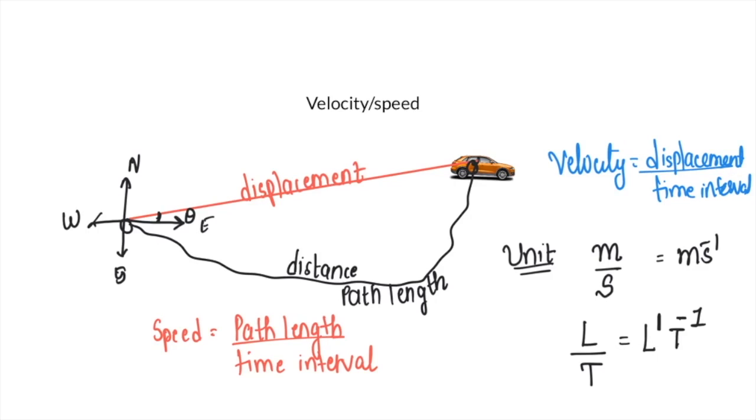It means that if you move at theta degrees with respect to east by, say, 500 kilometers, then you will reach this destination. That means it is fixed, depending on a distance and a direction. Hence velocity is a vector quantity and speed is a scalar quantity, and their dimensional formula is L^1 T^-1, that is meter per second.